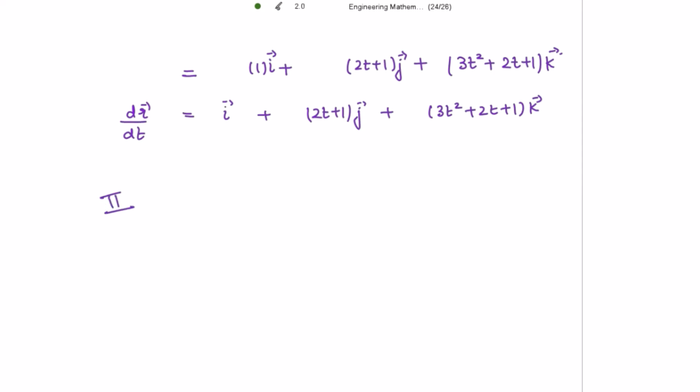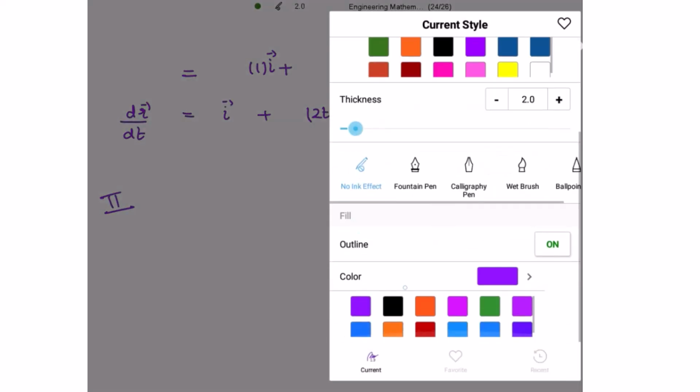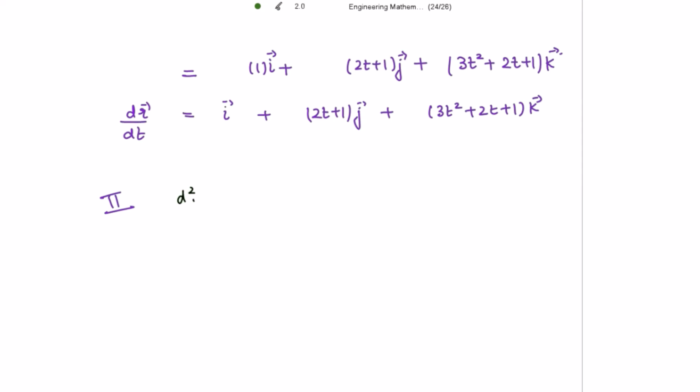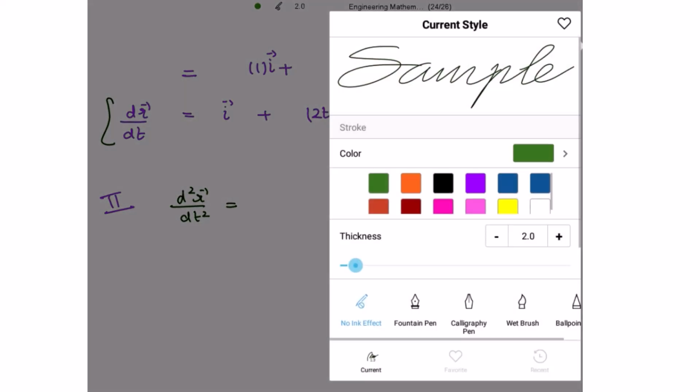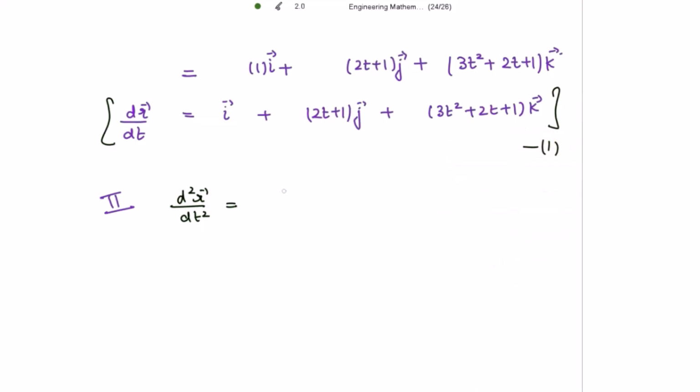Now second, we have to take the double derivative of r vector with respect to t. For that, we need to just differentiate this equation with respect to t again. So that means we have to derivate dr by dt.